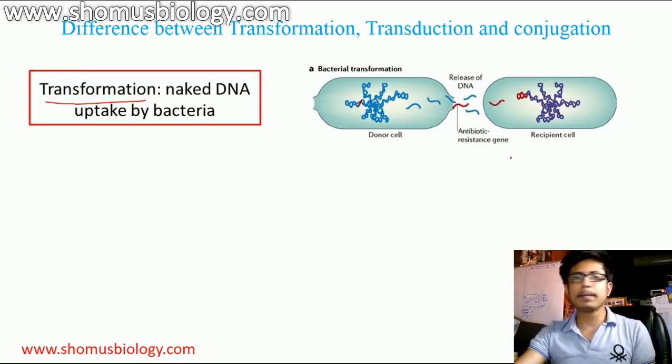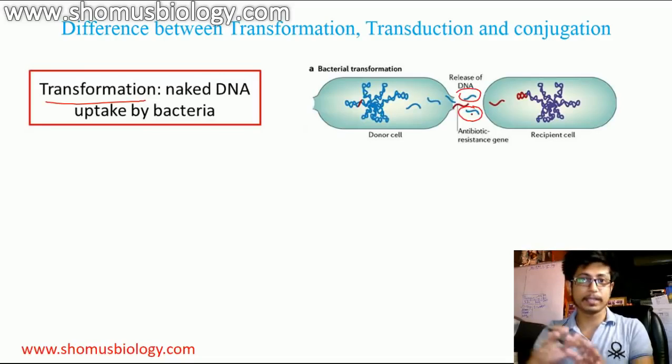Now maybe in the same environment there is a recipient cell, a cell from the same progeny, from the same generation. That recipient cell can sense the environment that is filled with so much DNA content, fragments of the DNA, so it can easily take up any of those fragments inside the cell.